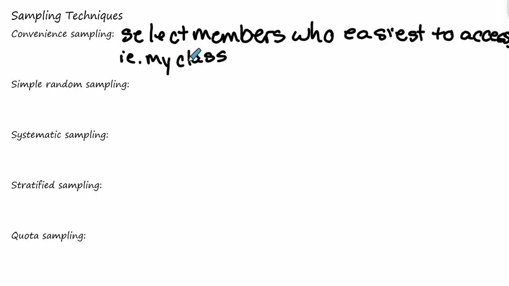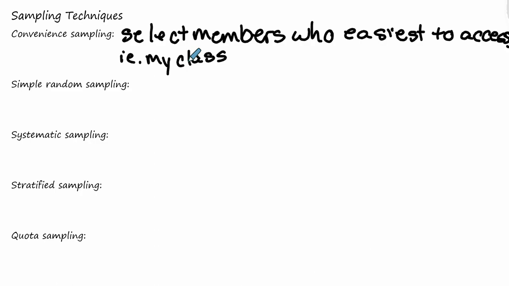Now, sometimes that's good, sometimes it's bad. If I have all accelerated students, do I have a good group of students to sample in terms of mixing people up? No, I have strong math students. Now that might not matter if we're talking about social studies. It might not. But if I'm talking about math and where students are getting in math, that's not a good sample, but it's convenient. I see you every day.